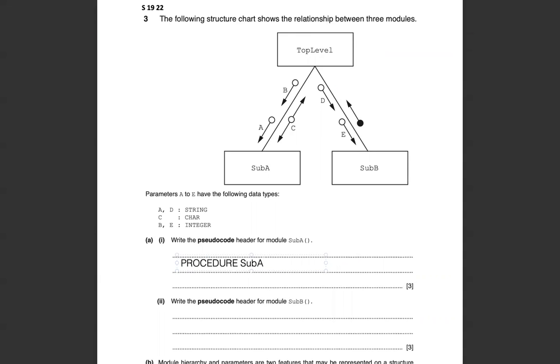Procedure sub A. I don't know what those parameters are, but they have specified the types. So we have A of type string, B of type integer, and C of type character.